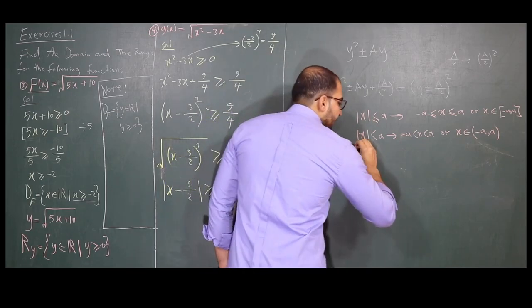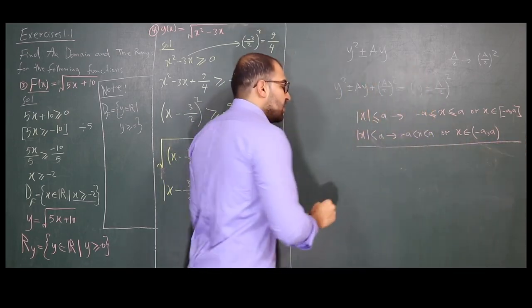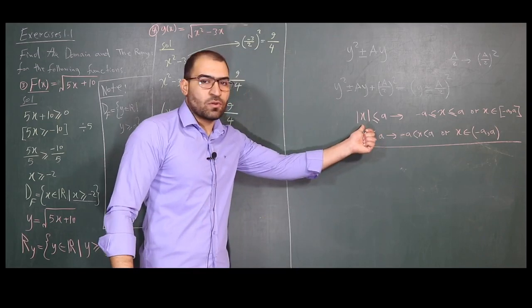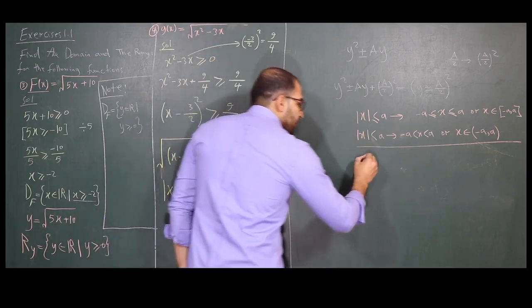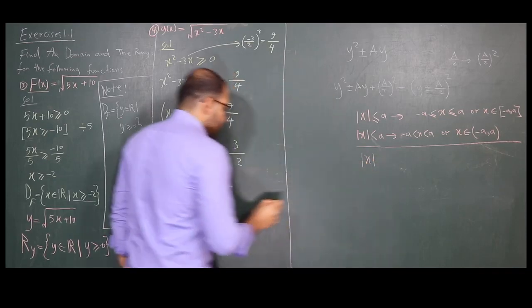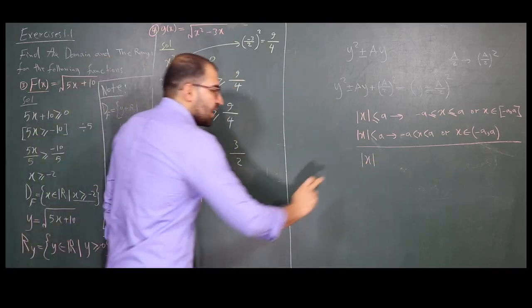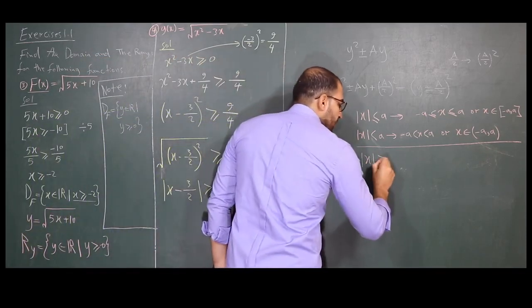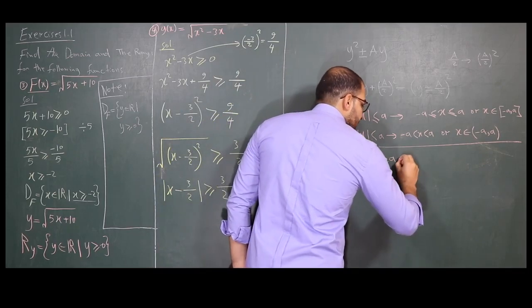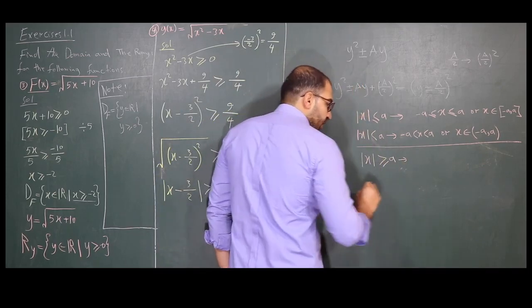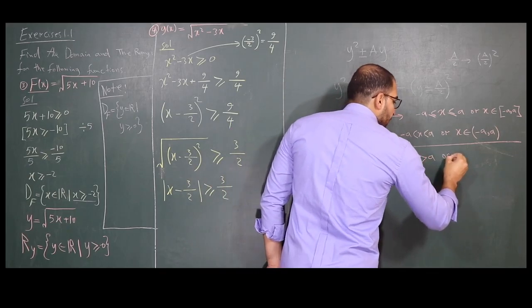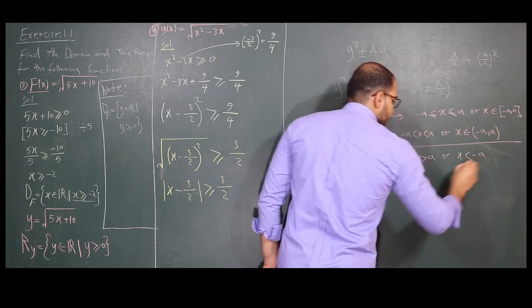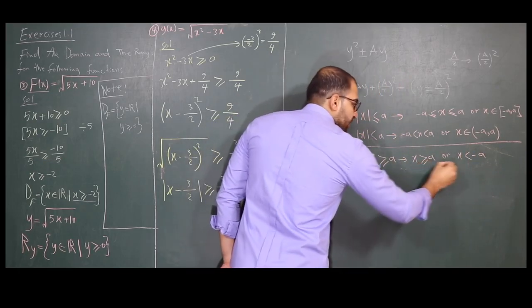This is the type where the absolute value is less than the constant. I'm going to take the other case, which is here. If the absolute value is greater than or equal to some constant, the result will be x greater than or equal to a, or x less than or equal to minus a, with equality here.